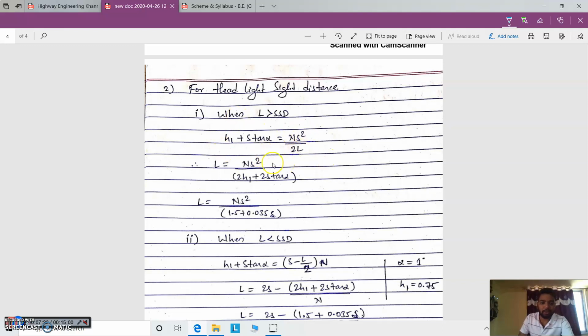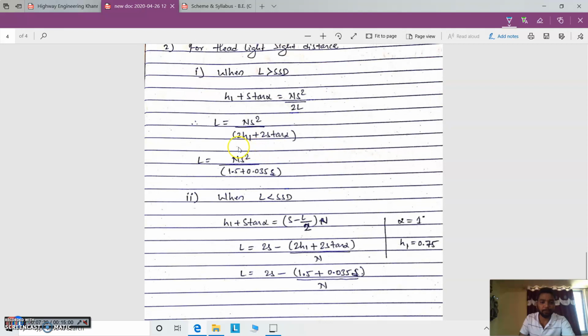Here the analysis is h1 plus S tan alpha equal to N square by 2L. This analysis was discussed in the previous class. And L is equal to N square S square by 2h1 plus 2S tan alpha.